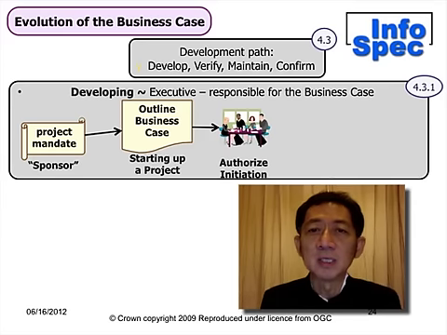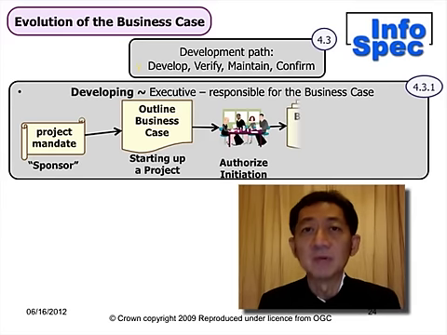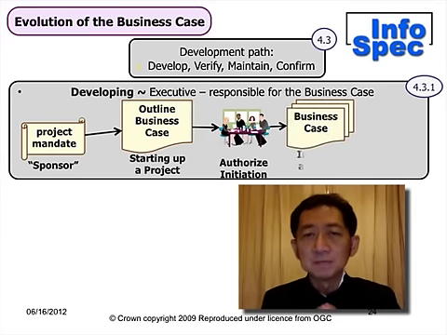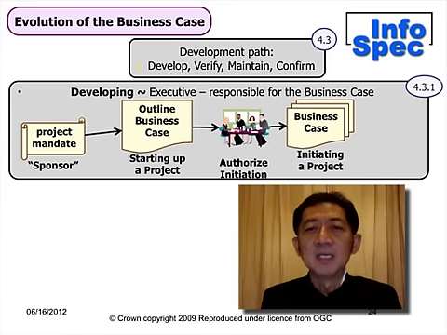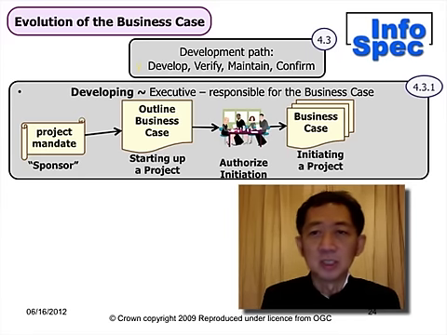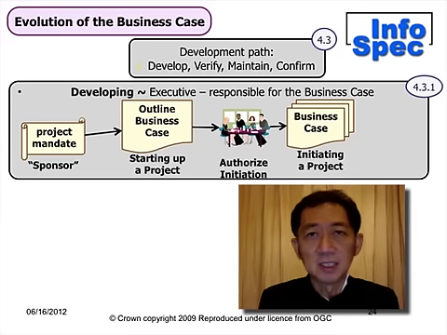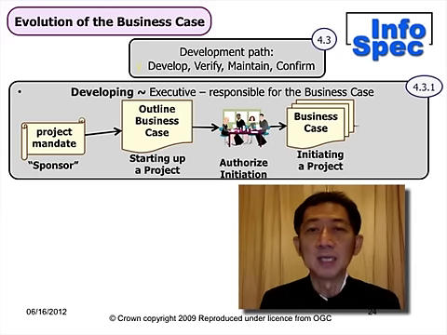So once the authorization for initiation has been given by the project board, then as part of the initiating a project stage, the first stage of any PRINCE2 project, together with all the strategy considerations, the full business case is prepared at that point in time.